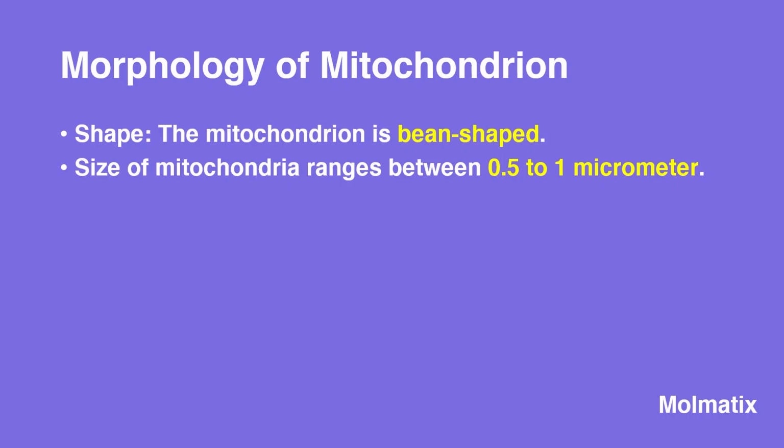The number of mitochondria present in cells varies according to the cell type. For example, muscle cells have more mitochondria than other cells.